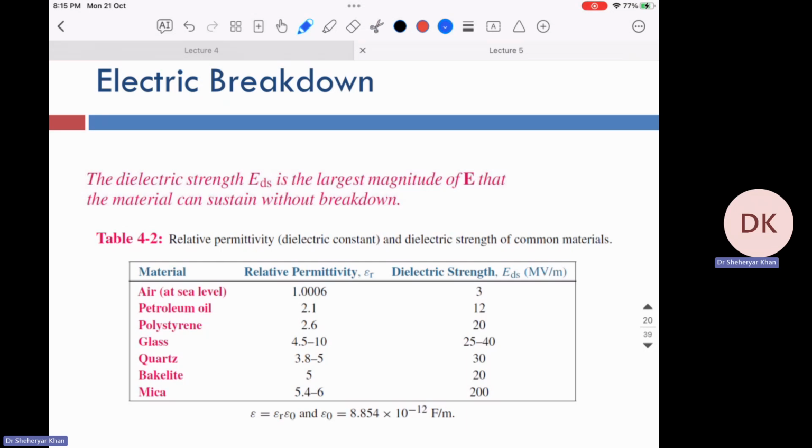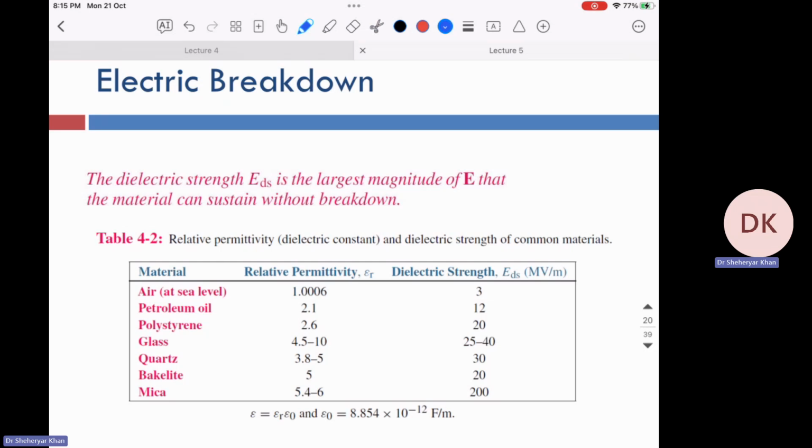Now you can see that Earth, at sea level, the air can sustain up to 3 megavolts per meter. So if you have 3 megavolts within 1 meter, and the dielectric between the two terminals is air, it can jump after this value.